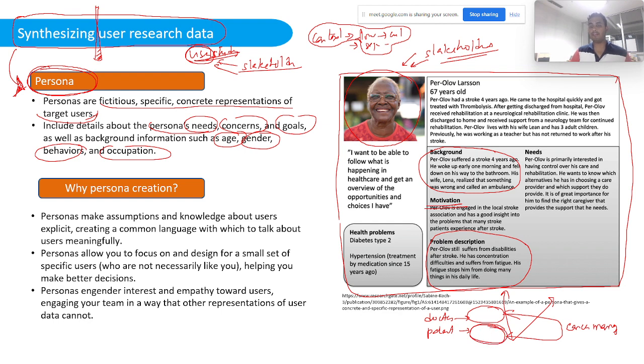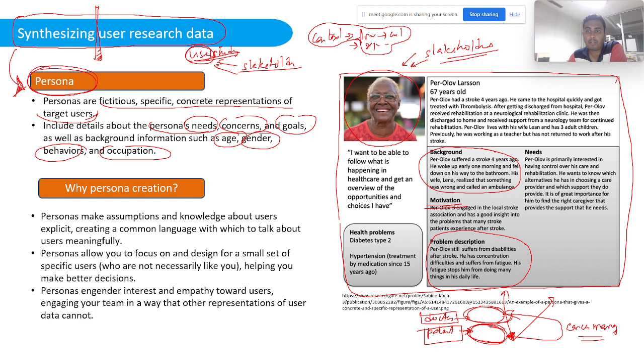Again, the doctor who is trying to cure the patient has different viewpoints and pain points. His pain points are probably more from the institution side, but the person whose clinical information we are discussing is the real person actually experiencing that disease state. So the needs as well as the problem description of the stakeholders can vary.